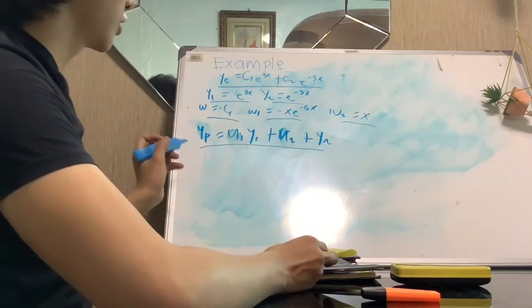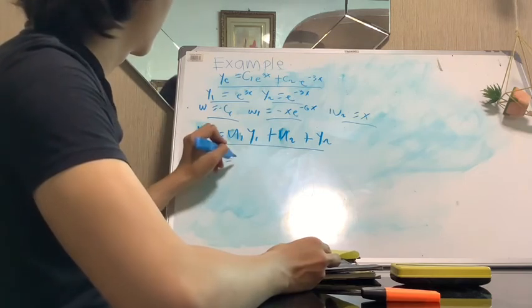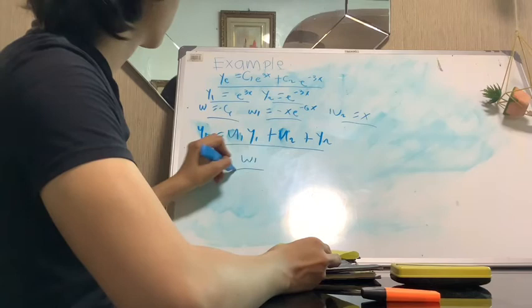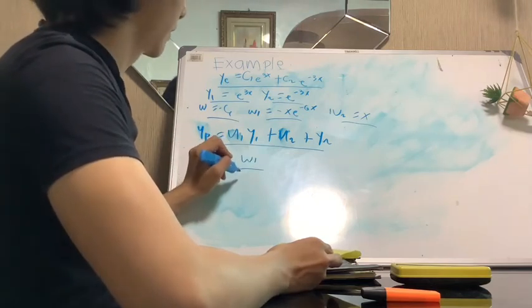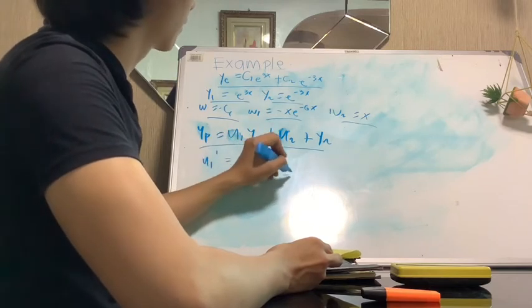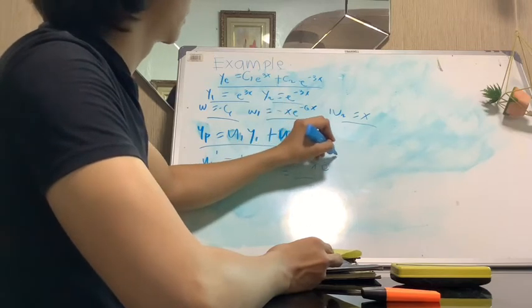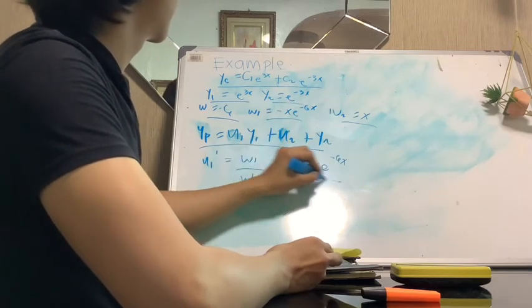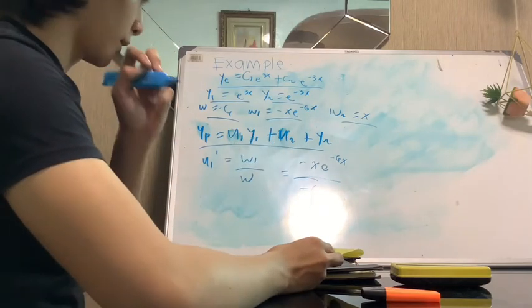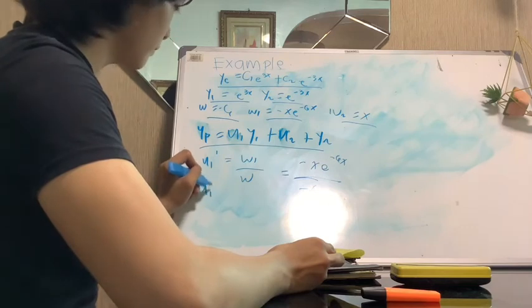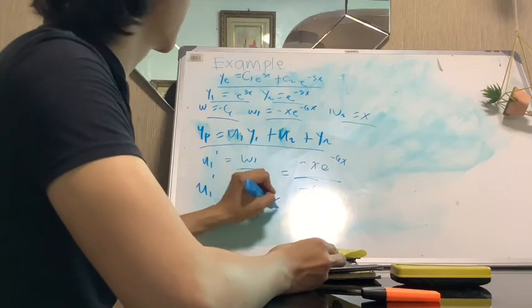Let's get u1 first. What is u1? u1 prime equals W1 over W, equals negative x e to the 6x over negative 6, which becomes positive.